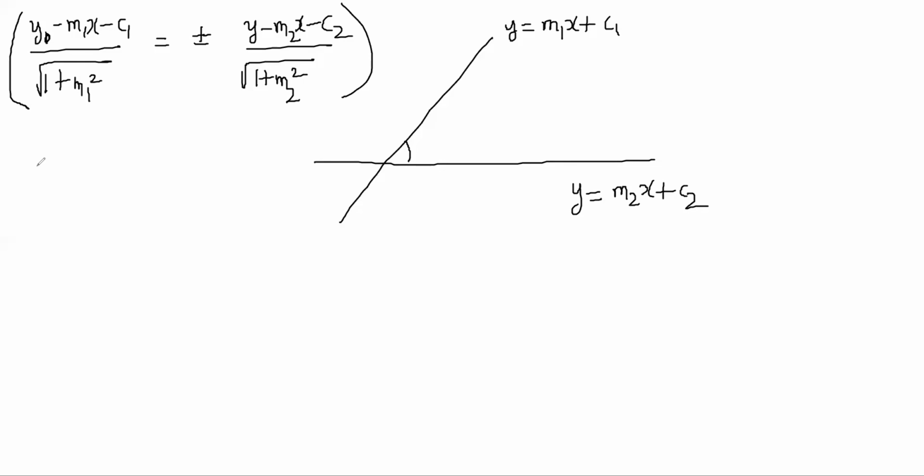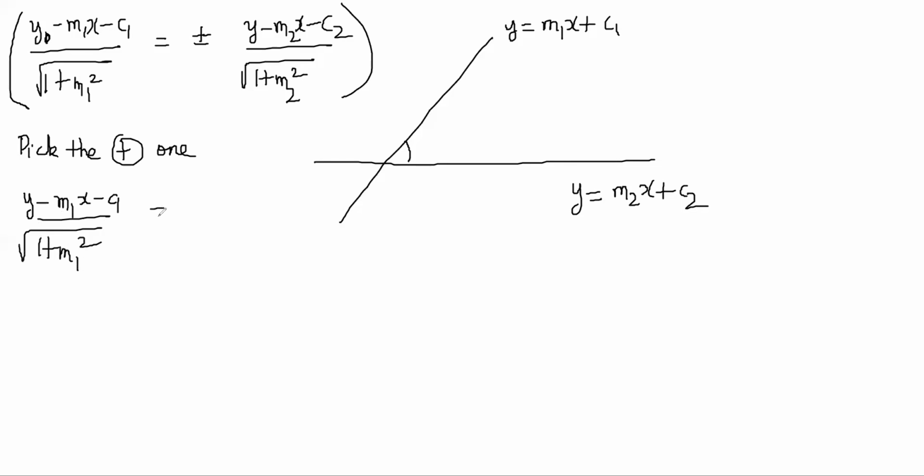Let's say I will pick the first one, pick the positive one. So just pick the positive one and write its equation: (y minus m1x minus c1) by root of 1 plus m1 square is equal to plus (y minus m2x minus c2) by root of 1 plus m2 square, right?